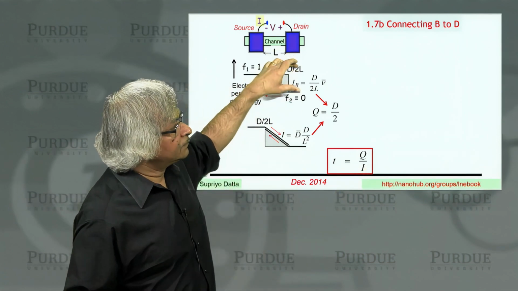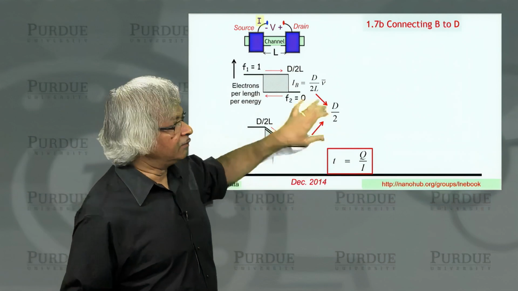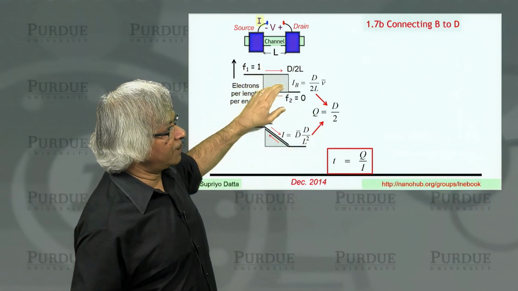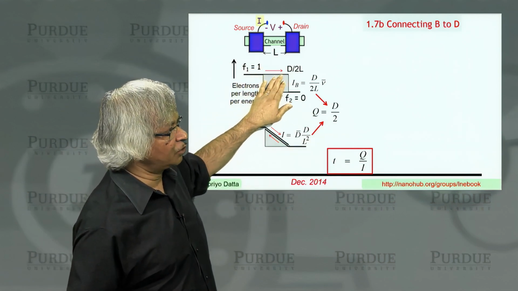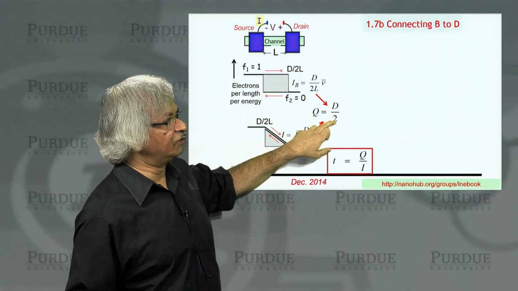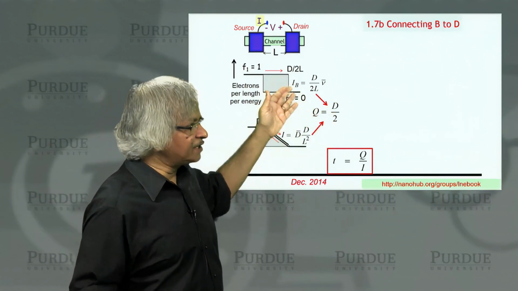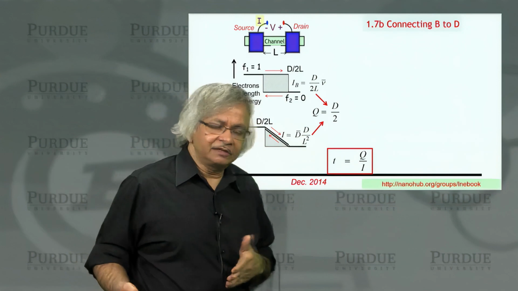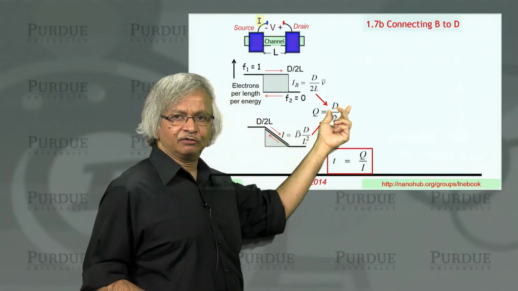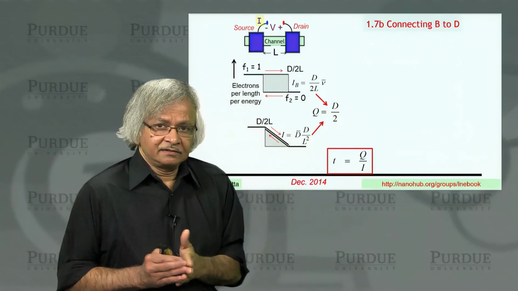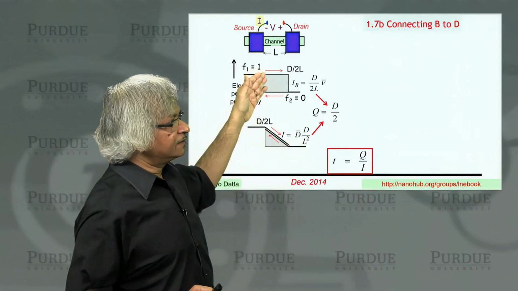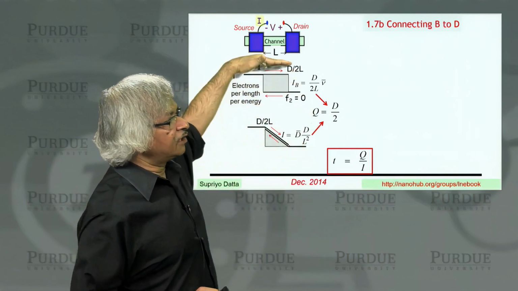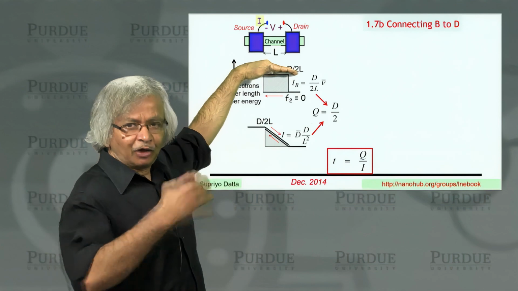Now, based on that, what we saw was that for ballistic transport, the amount of electrons that are stored in here was this D over 2. And interestingly, even in the diffusive limit, the answer is still the same, D over 2. The only difference is that in the first case, all the electrons are in the northbound channels.